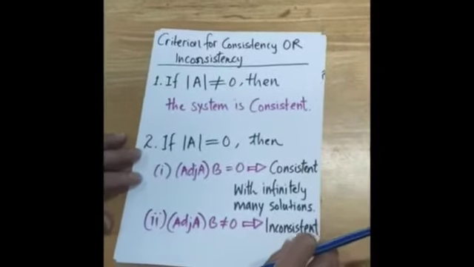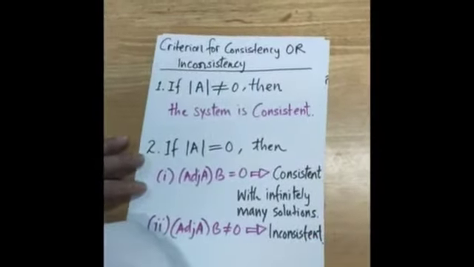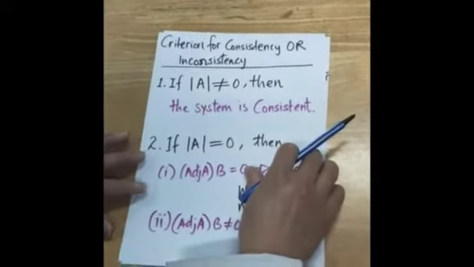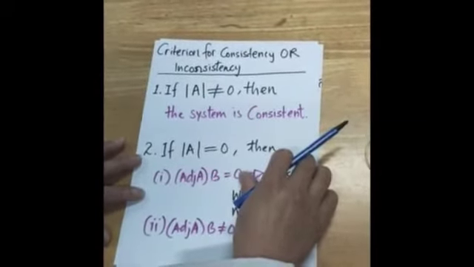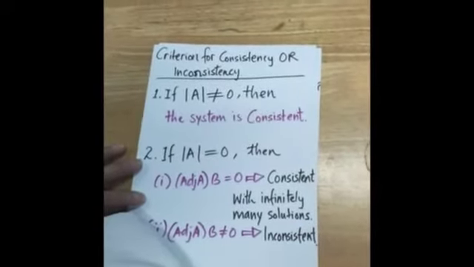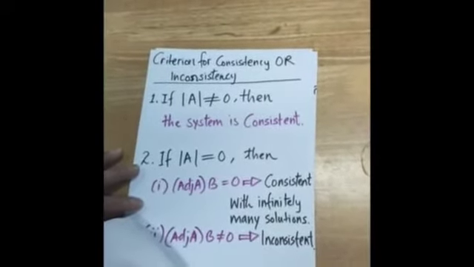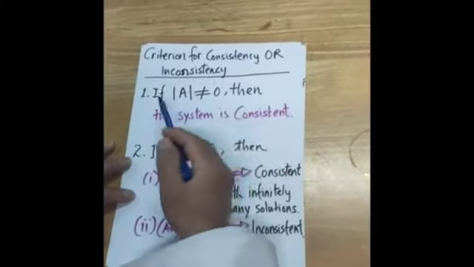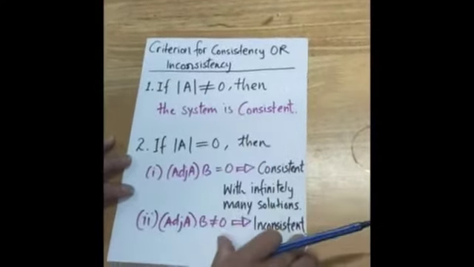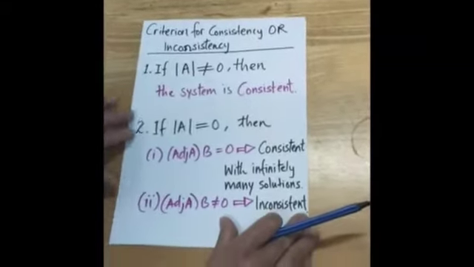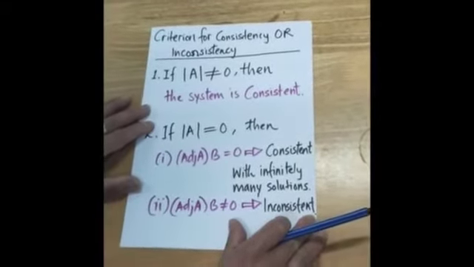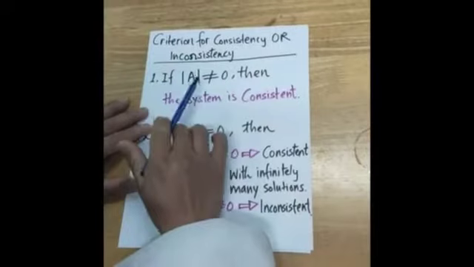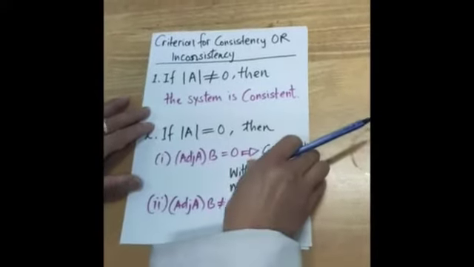So next, how do you check or determine whether the system of linear equations are consistent or inconsistent? To do that, we have some criteria to verify this.